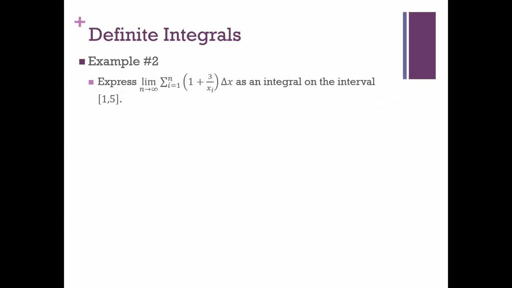What is my closed interval that I'm trying to find this area on? 1 to 5, right? What does this thing look like? It sort of looks like this. I'm going to integrate from 1 to 5. So really, in the language of area, I'm trying to find this area here, right? So the sigma is going to be dealing with that in terms of rectangles, right?